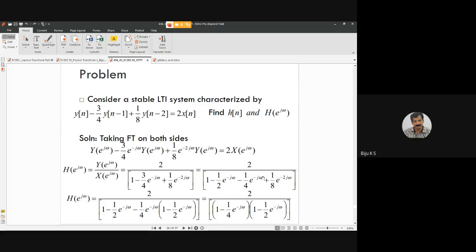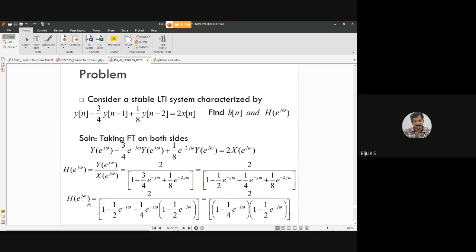Conveniently we can factorize the lower term, so that it is equal to 1 minus 1 by 4 e raised to minus j omega, and 1 minus 1 by 2 e raised to minus j omega. Okay, so this is H of e raised to j omega.